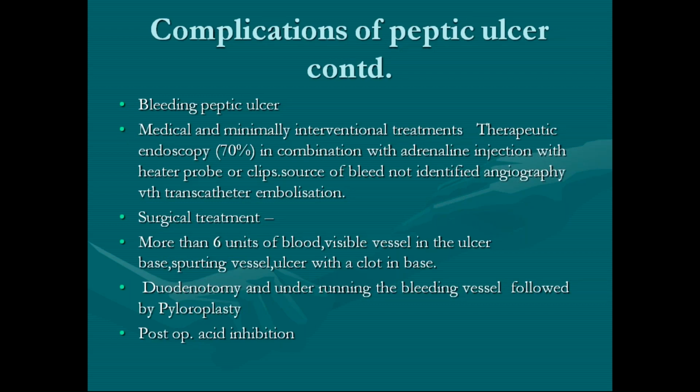Okay, this is about perforation. Shall we continue in the next class? It's already 4. We are left with bleeding. We have done perforation; the other two are bleeding and pyloric stenosis.